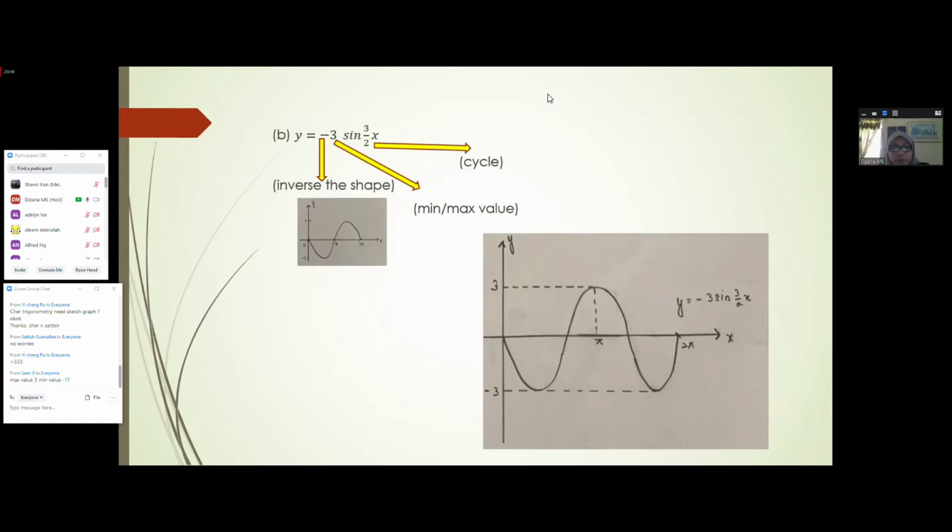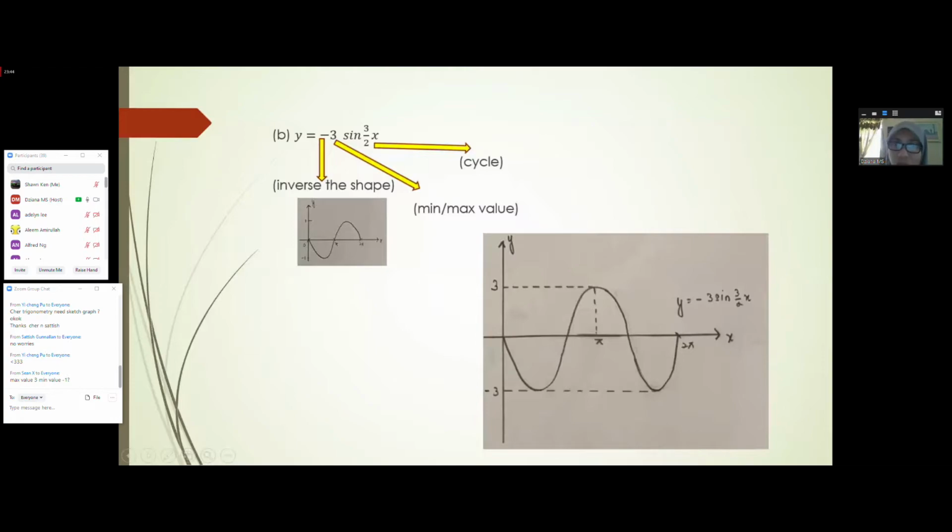Okay, done. Right. I really hope you understand how to sketch the graph, because almost every year this type of question will come out in section A, paper 2.